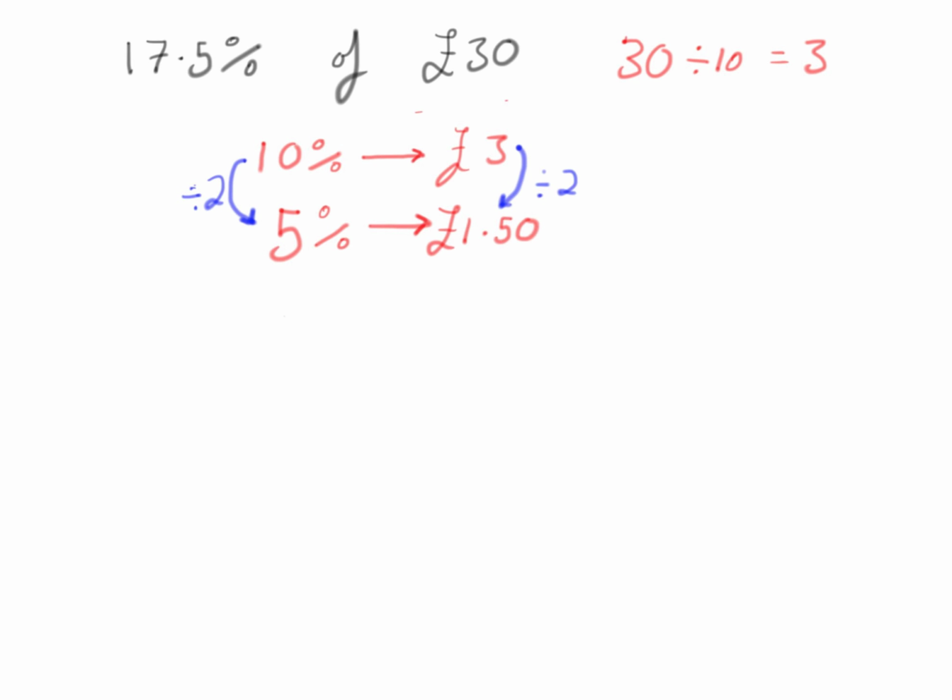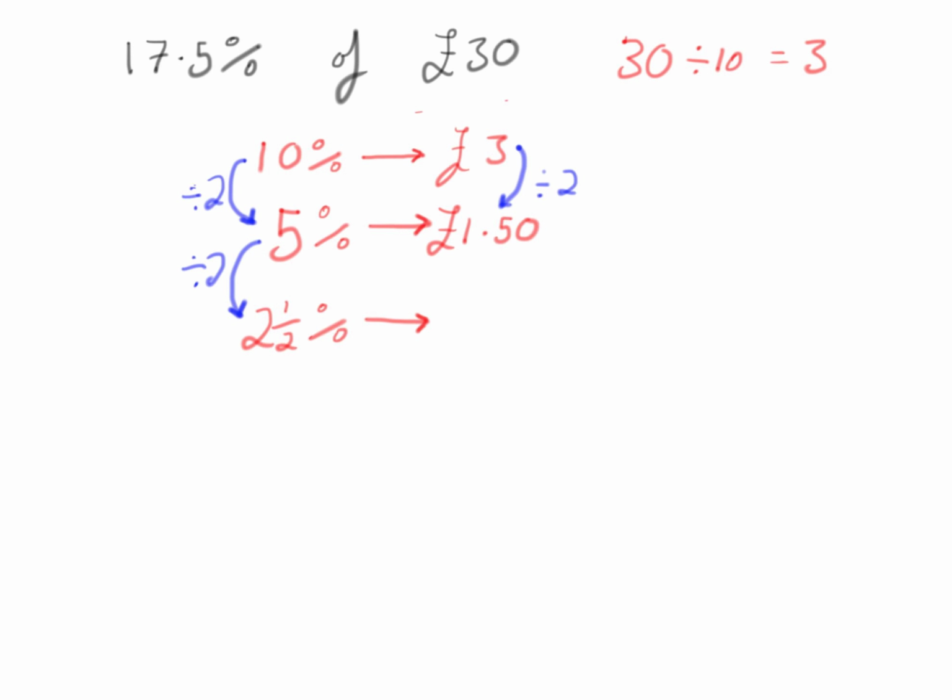Okay, so we've got a 10% and a 5%. Let's also find a 2.5%, which sounds like an odd amount initially, but that would be really useful for us here. Now 2.5% does look like an awkward one to find, but actually it's just half of 5%.